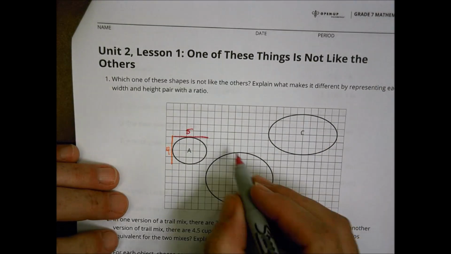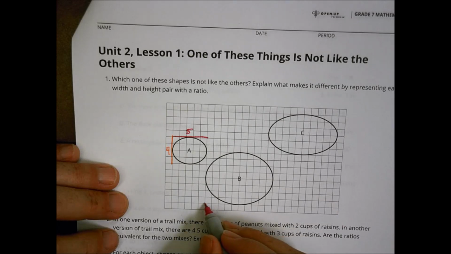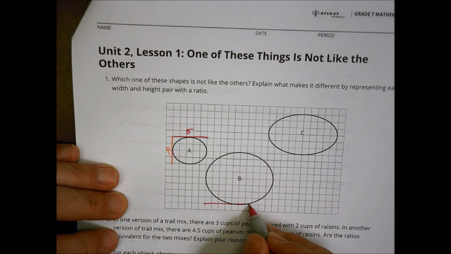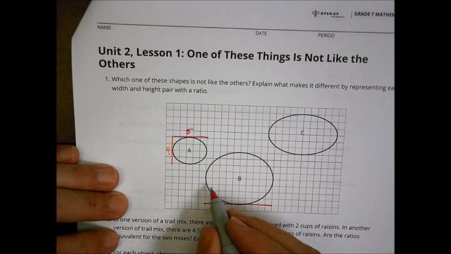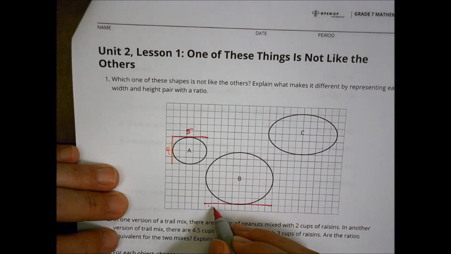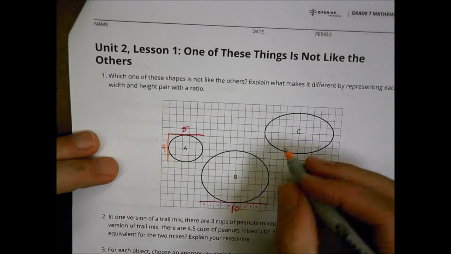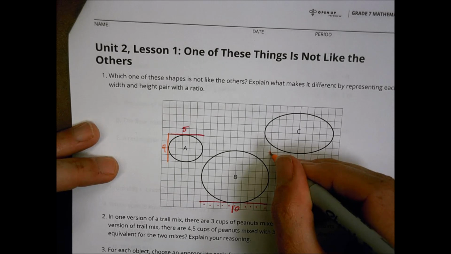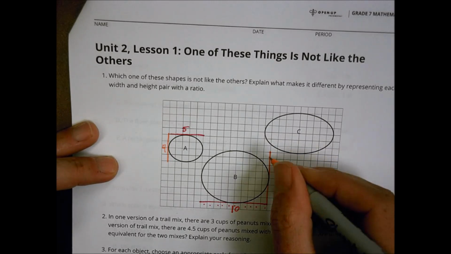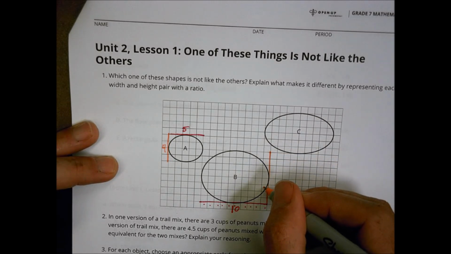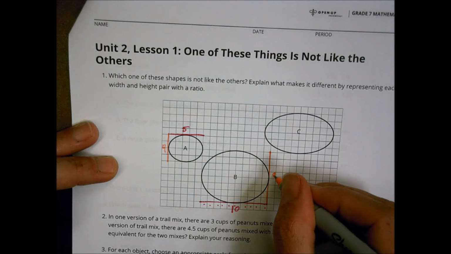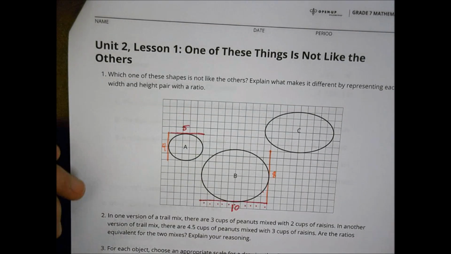And notice with this guy right here, I'll draw on the bottom just so I don't run out of room. Going from edge to edge, I'm 1, 2, 3, 4, 5, 6, 7, 8, 9, 10. And I have a height right here, 1, 2, 3, 4, 5, 6, 7, 8.